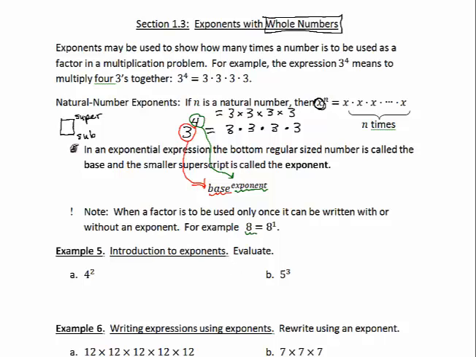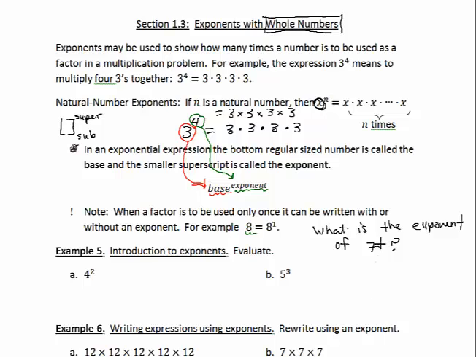So in other words, if you see a number just sitting by itself, for instance, if I wrote the question, what is the exponent of, just to pick a number, 7.